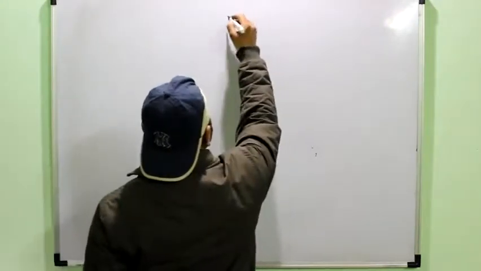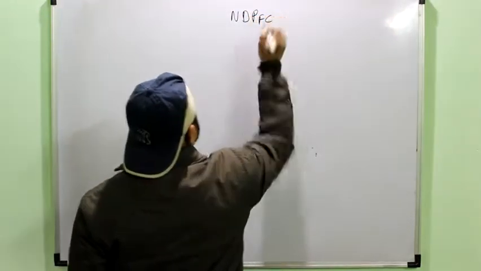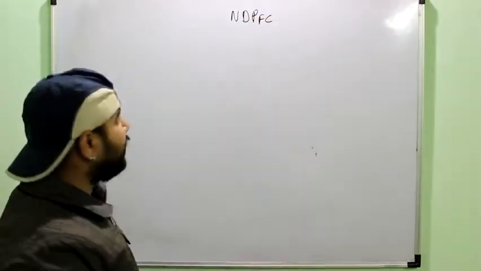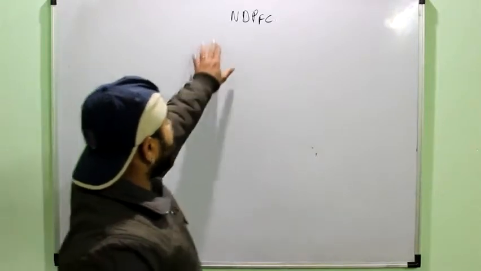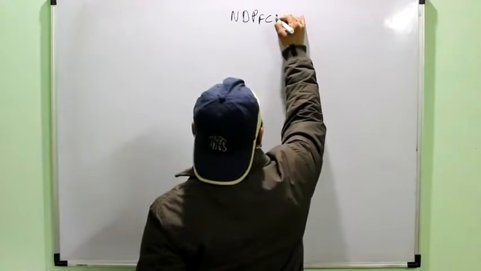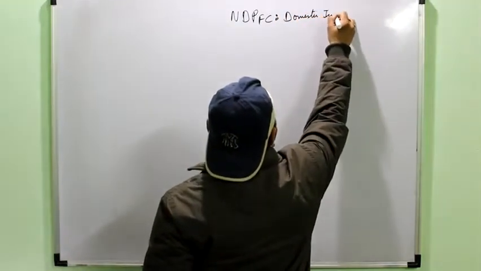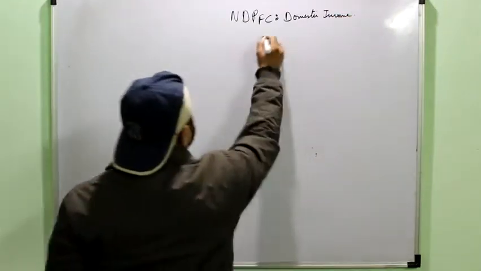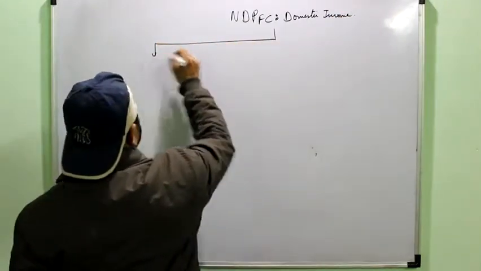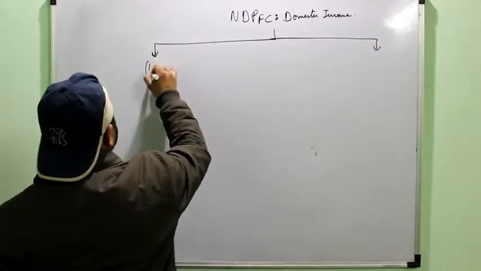Now the calculation of private income is based on the domestic income, that is NDPFC. You know that this is the domestic income of the economy. Now just see, there are two sectors in the economy which have earned this domestic income.